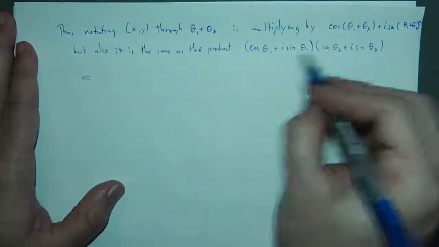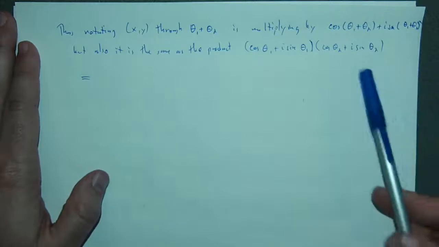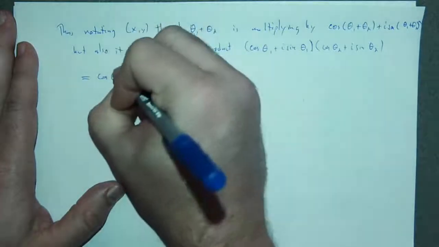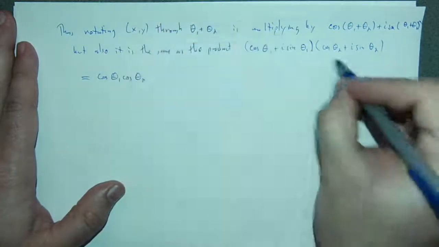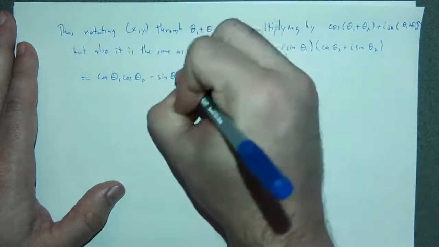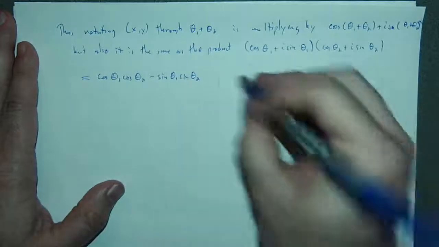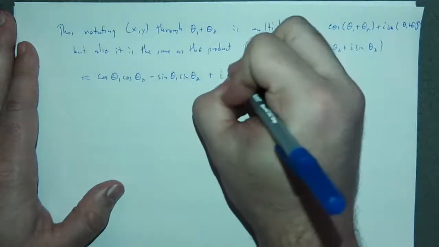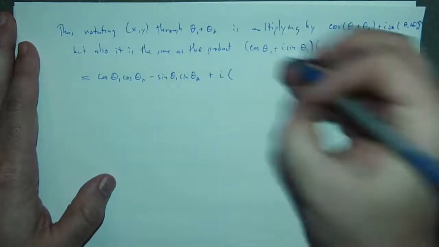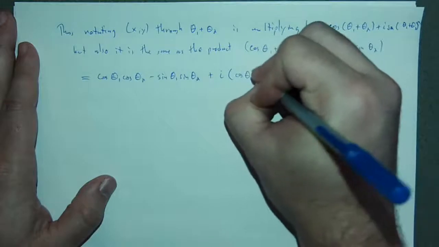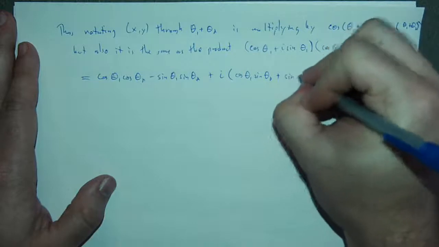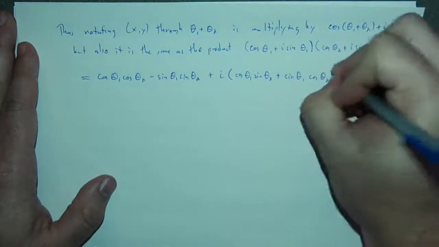So that product is equal to, let's just multiply this out and simplify. This product then is cosine theta sub 1 cosine theta sub 2 minus sine theta sub 1 sine theta sub 2, okay, plus I times cosine theta sub 1 sine theta sub 2 plus sine theta sub 1 cosine theta sub 2.